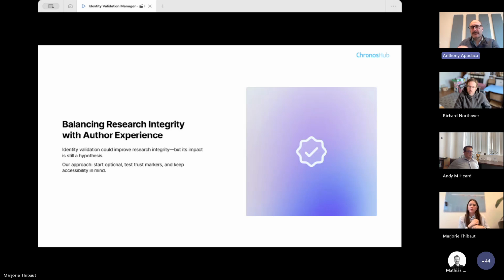So we know publishers have different trust requirements, but we don't know what markers matter the most, what level of trust should be required for submitting or reviewing. What about accessibility? Should the lack of a passport also block a participant from publishing? So there are many open questions, but our approach is to start optional.